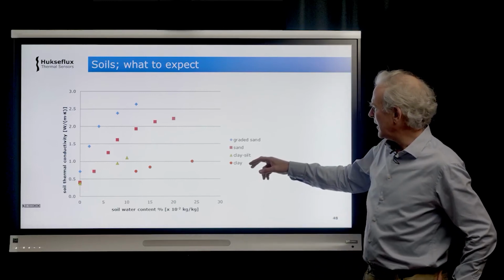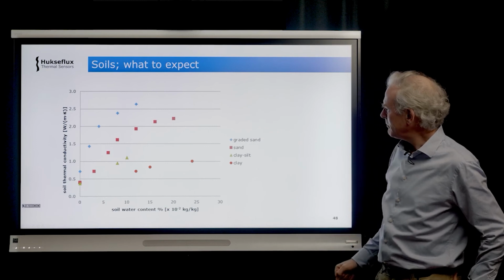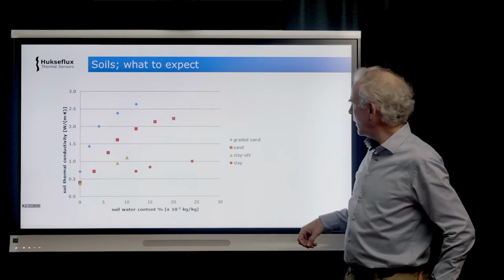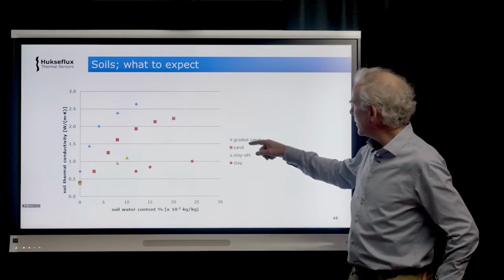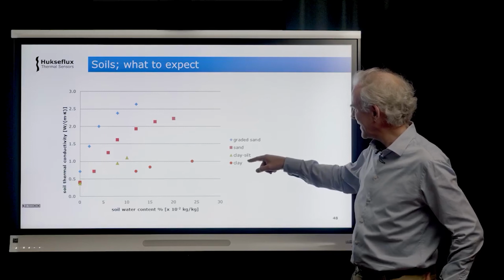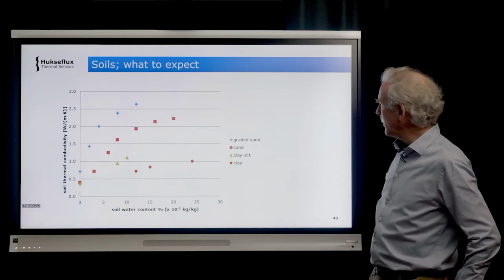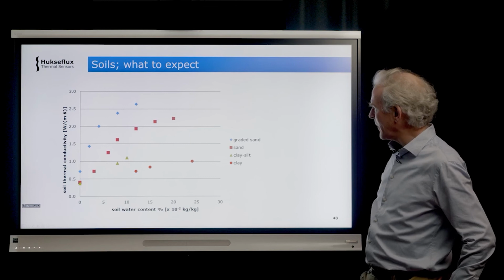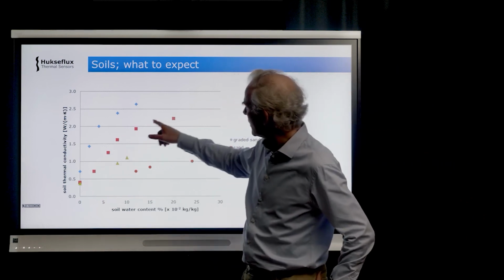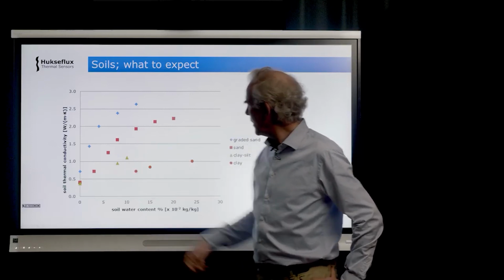So I'm going to explain about 4 different soil types, which are graded sand, sand, clay silt, and clay. Let's start with the sand. That's this graph here.